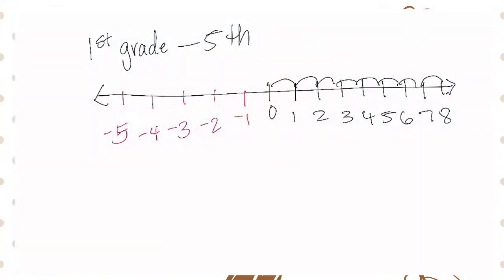They don't understand it. So that connection is not there. And they definitely cannot understand this: -5 plus 3.